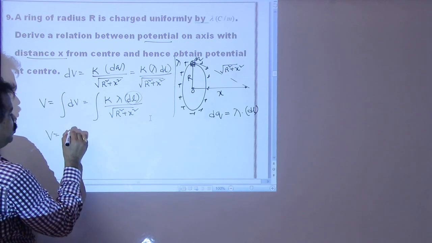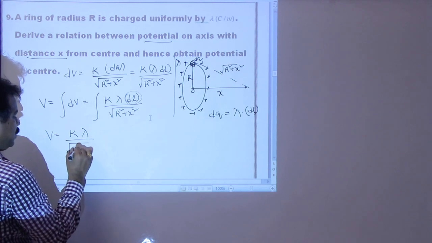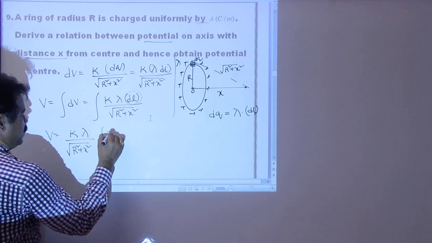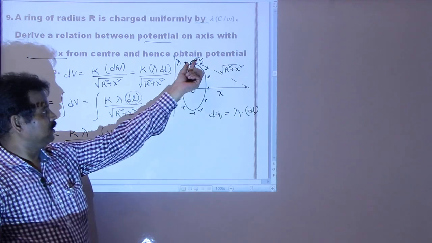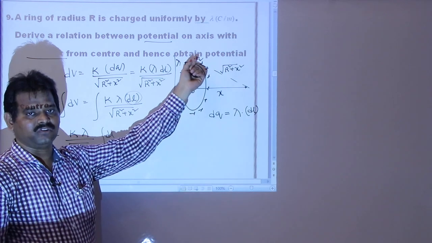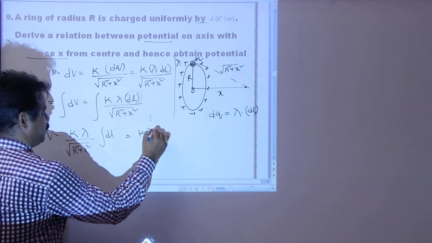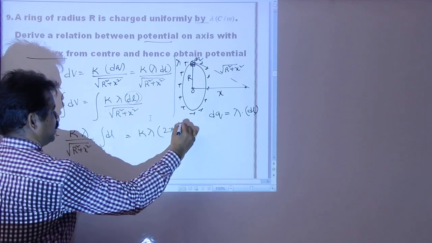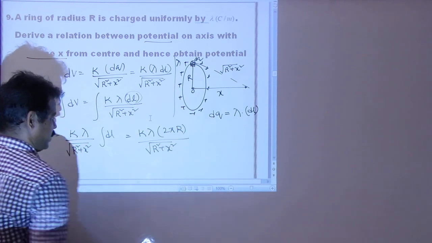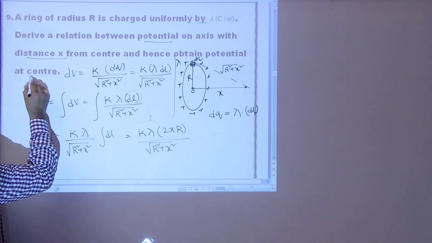So V is equal to k lambda by root over r square plus x square, times integral dl. What is integral dl? dl is the small elemental portion of the circumference. Total integration of dl is l, which is equal to 2 pi r. So this is k lambda into 2 pi r by root over r square plus x square. So this is the expression.